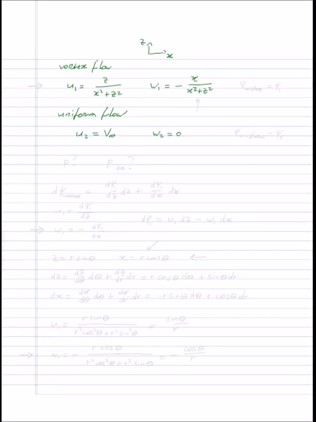Okay, what we want to do now is superimpose these two flows and determine the pressure field and the location of the point at which the maximum pressure occurs. Right? So we want to know P, and we want to know P max. Those are the two things that we're after.